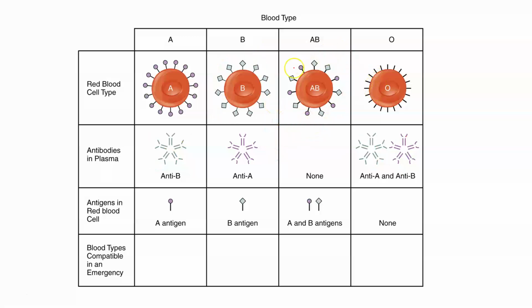Okay. You want to think through this in two different ways. You want to think for any given blood type, to whom could you give that blood type? But you also, if you were a certain blood type, want to consider from whom could you receive? These are two different questions, and they're going to have different answers.